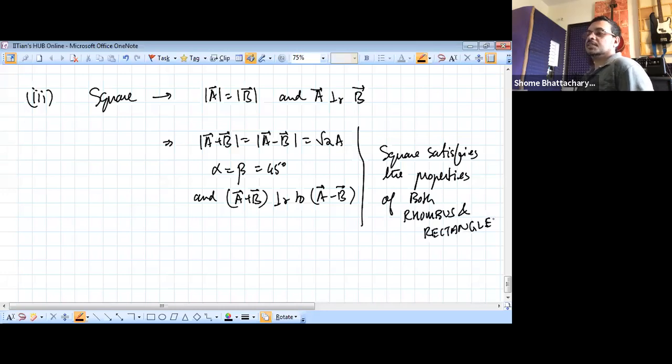The square is like an ultra specific kind of this. So all these three properties.